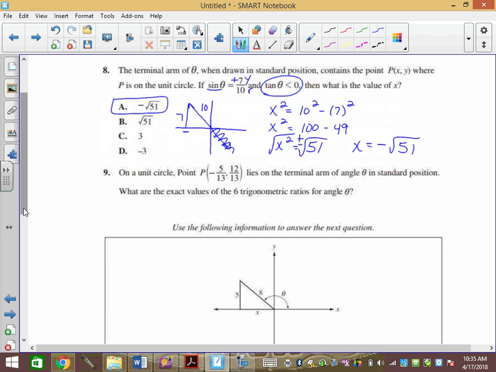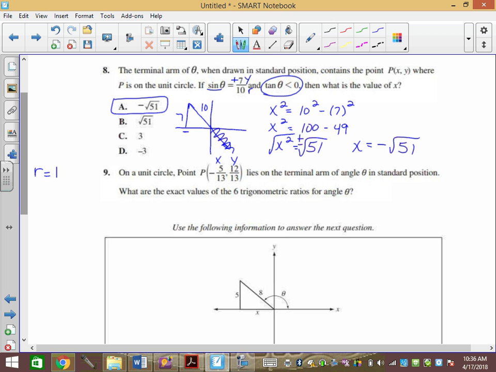On the unit circle, point P lies on the terminal arm of angle theta in standard position. Okay, they want the 6 trig ratios. This is x, y. We agree? What's r? It's on the unit circle. 1. Okay, I was right. So r equals 1. So sine and cos are really easy.